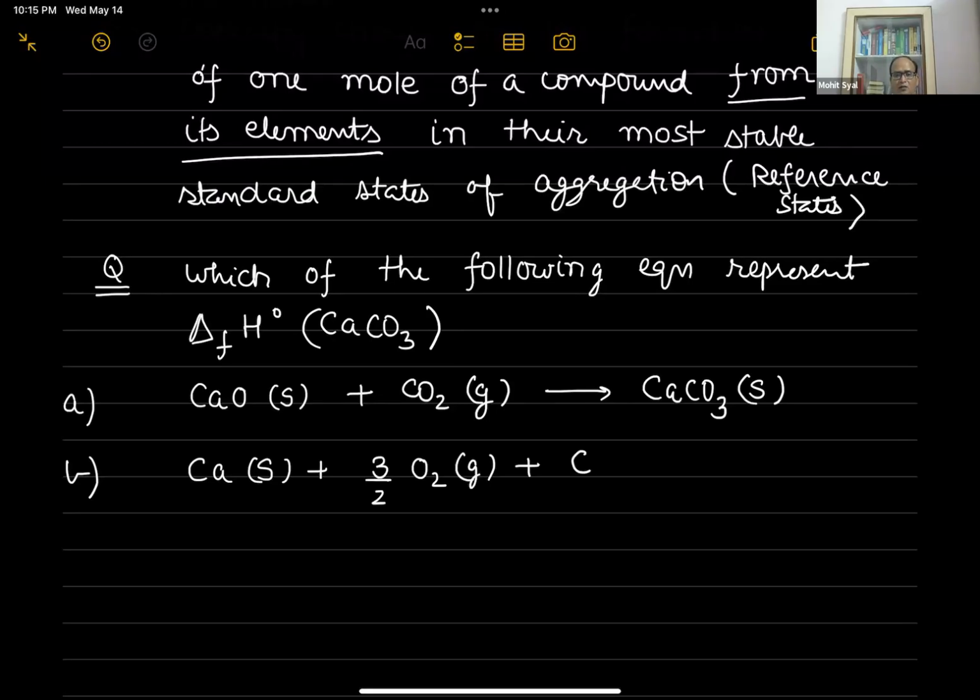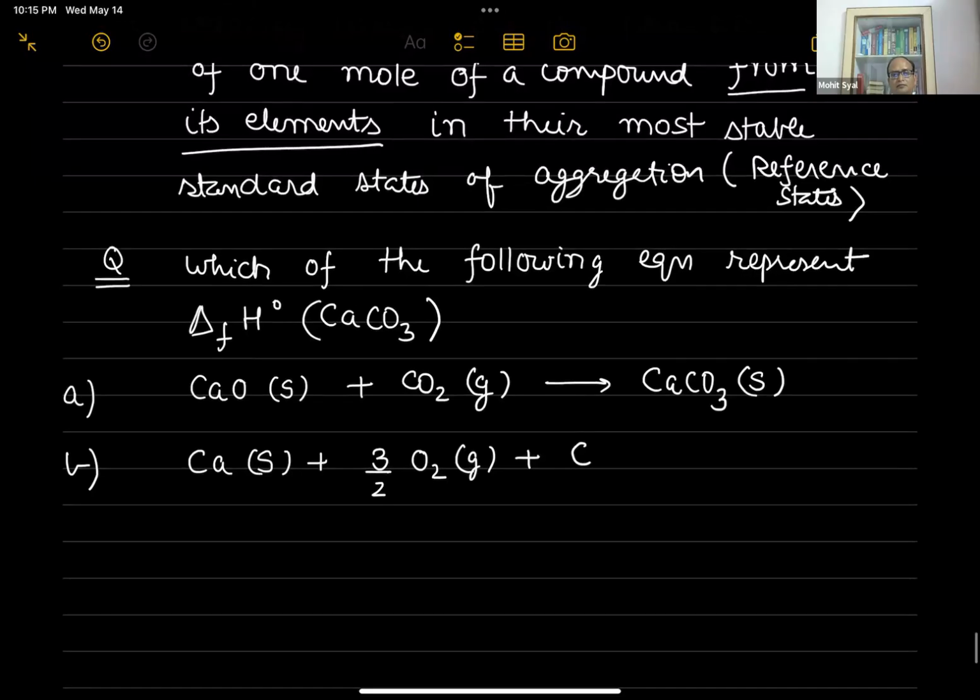Carbon has different allotropes. You have studied in your class 10. Or we can take carbon as gases also. So everywhere we are making CaCO3.